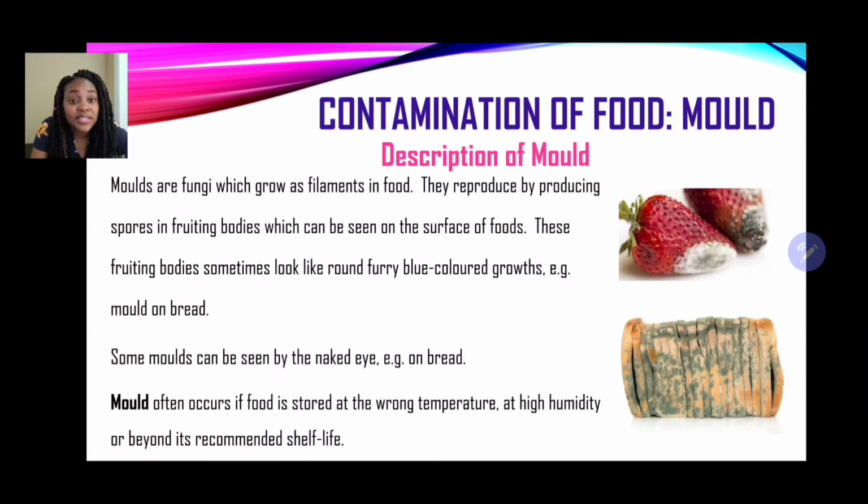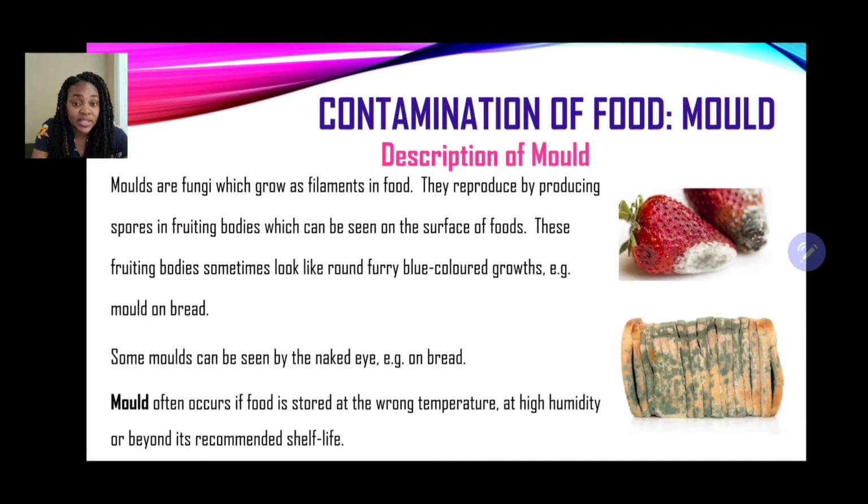These fruiting bodies sometimes look like round, furry, blue-colored growths. Example, mold on bread, as you can see in the picture below, right? The strawberry at the top looks like a combination of both yeast and mold affecting that particular strawberry. Now, some molds can be seen by the naked eye.